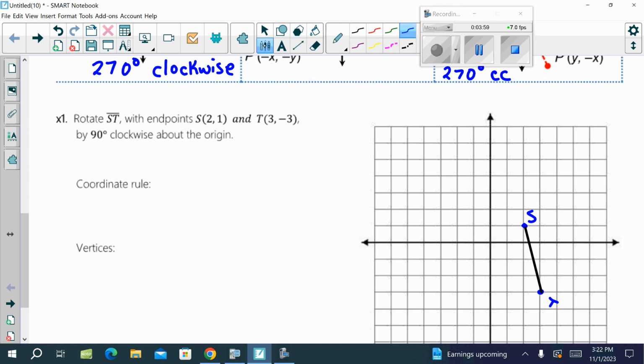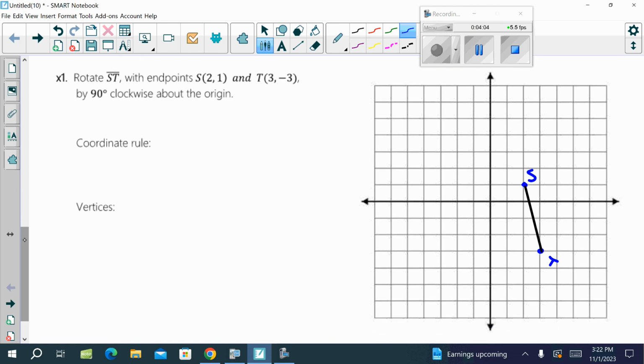So there's our segment. It wants us to write our coordinate rule. So a 90-degree clockwise, (x, y) transforms to what? What was the rule above for 90 degrees clockwise? (y, negative x). Y comma opposite of x.